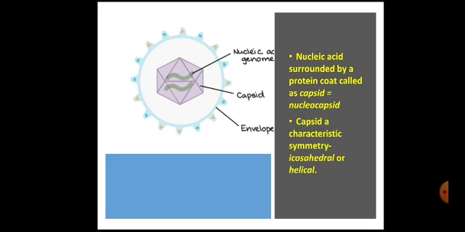Capsids may have different structural symmetries, mainly icosahedral shape or helical shape. In this diagram, you can see the icosahedral, a well organized structure.